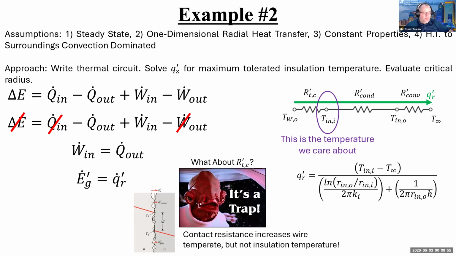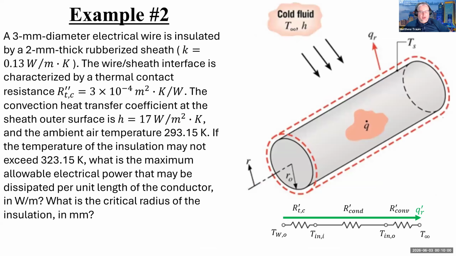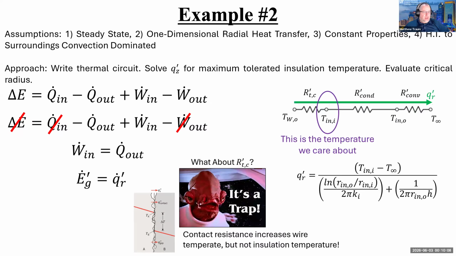Okay, so just like before, I'm going to start with my first law of thermodynamics. My control volume is the outside wall of the insulation. So it's basically just this dotted line. And here's the first law, delta E equals Q dot in minus Q dot out plus W dot in minus W dot out.